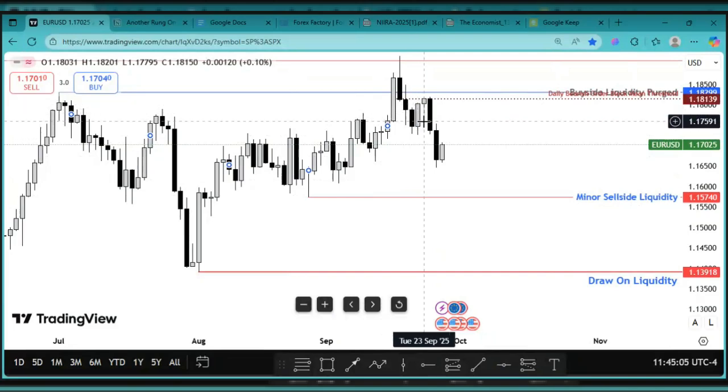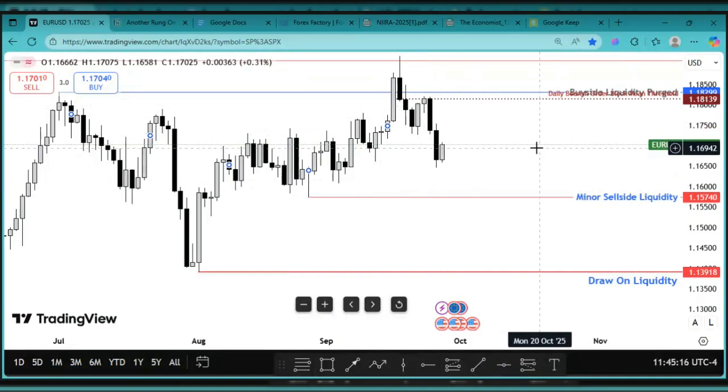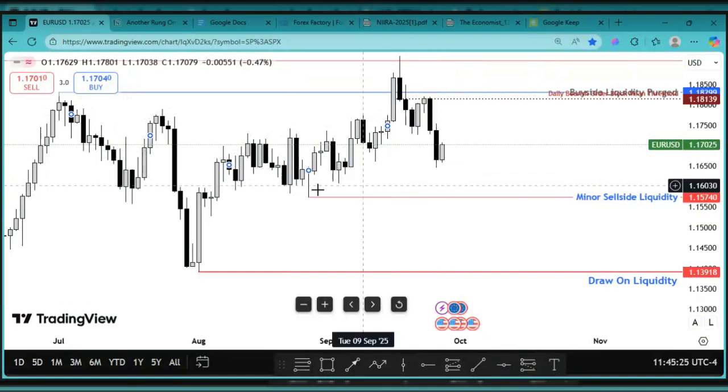On Tuesday, it did the same thing. It opened and then it still did a small bullish candle, deceiving people. And then on Wednesday, bush. It has not taken out minor sell side liquidity, and we are not yet done. So this is my immediate target.